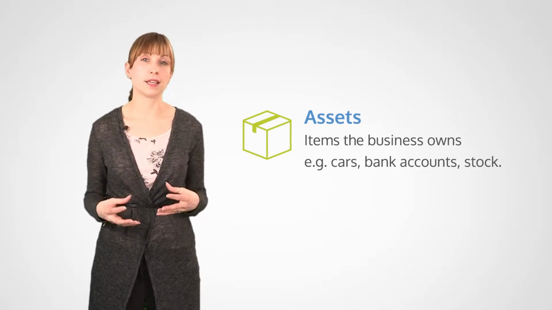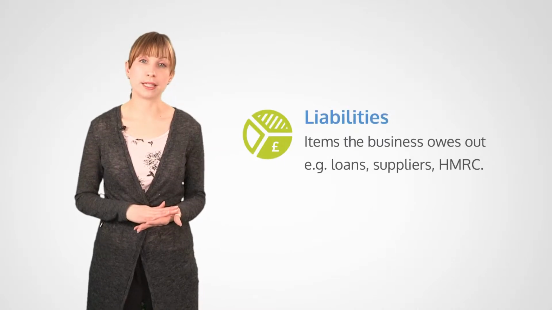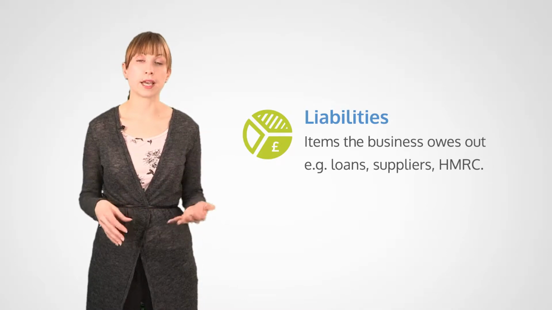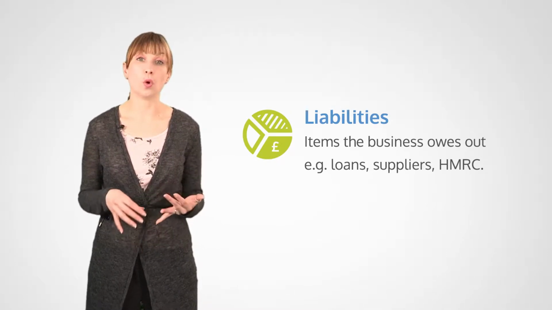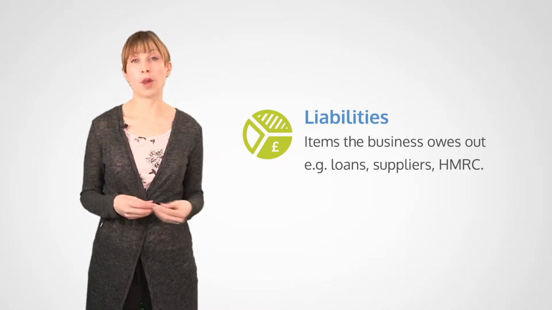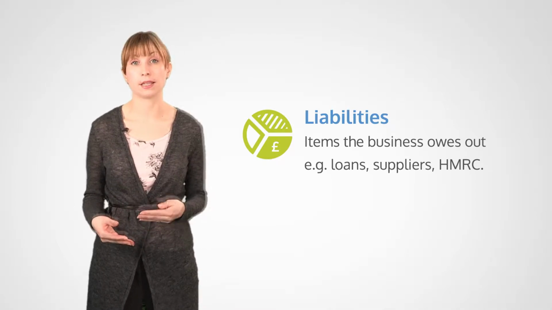So assets are things that the business owns. We've also got liabilities, and they are things that the business owes out. So this is more like loans, for example, or suppliers that you owe money to, or even HMRC. If you owe tax out to HMRC, that again is a liability.